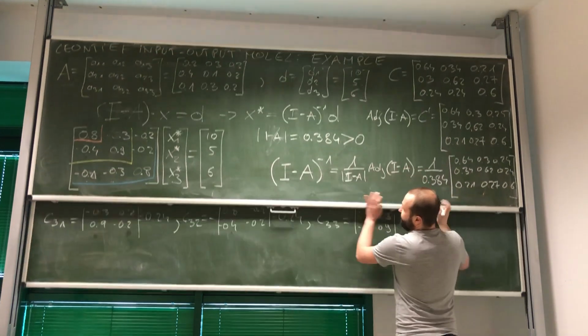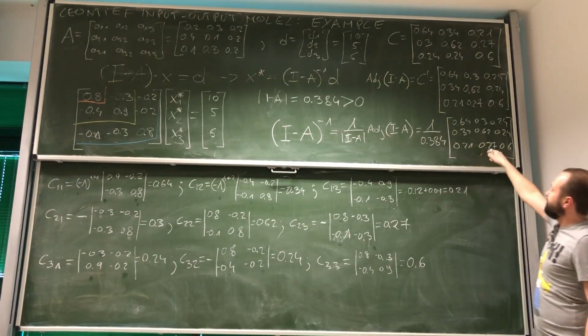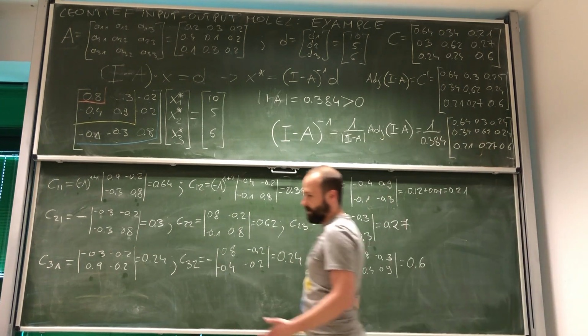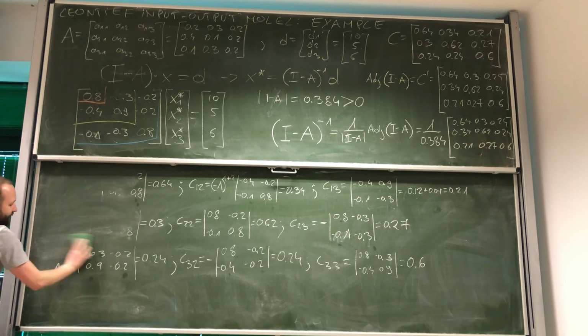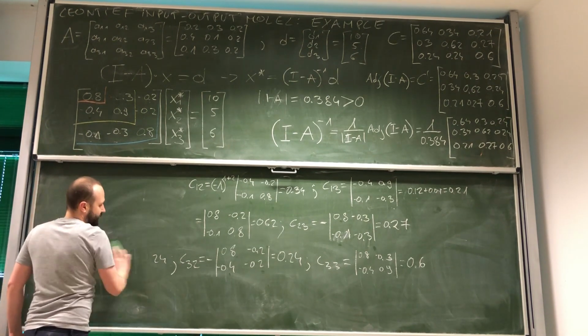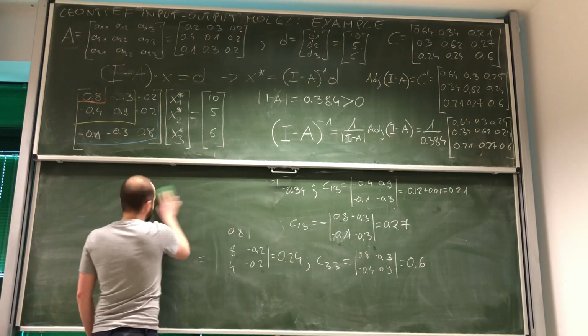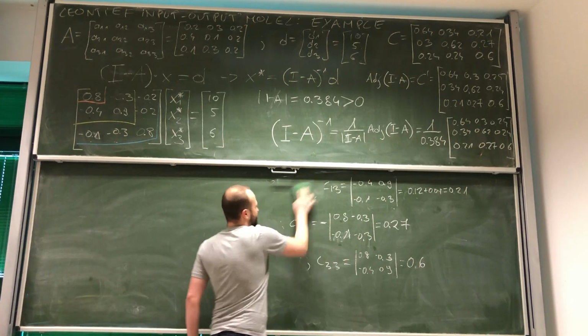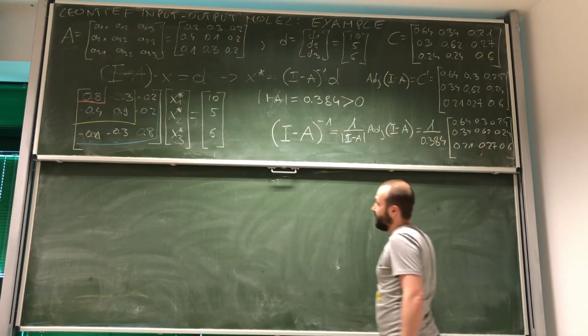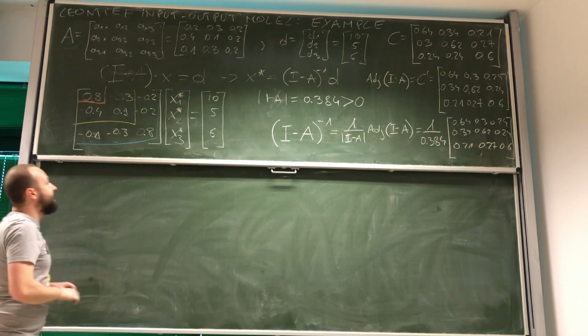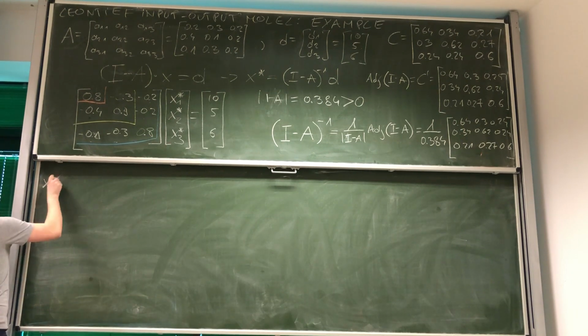Okay, so this is inverted Leontief matrix. So as I hope you can see, we are extremely close to finding the vector of solutions. Okay, so what we do now is that we've got vector x, right?